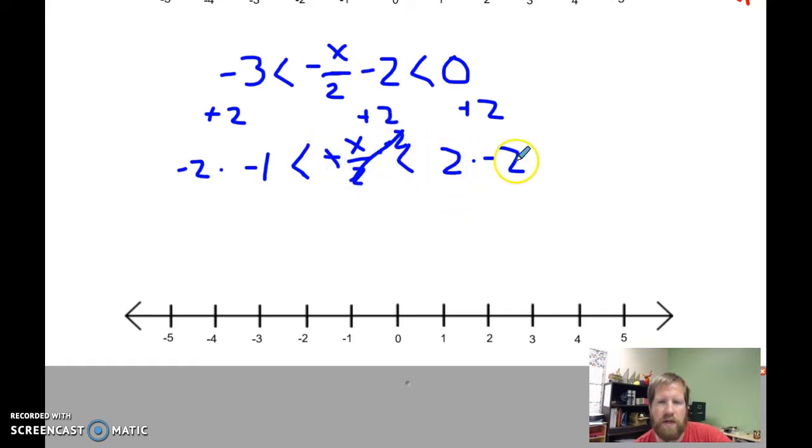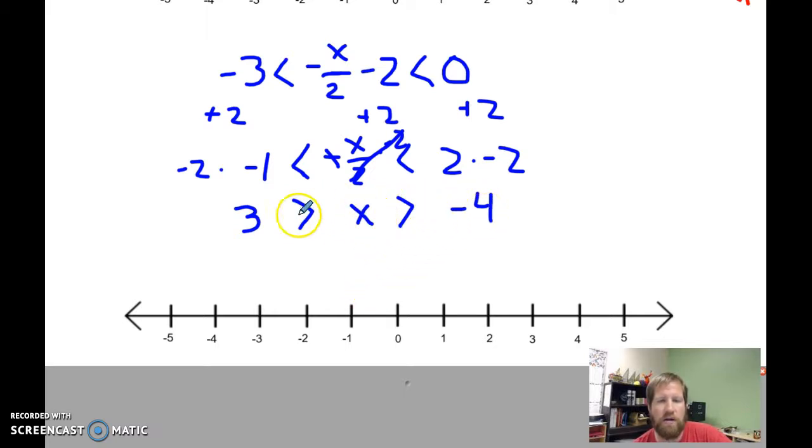I have 2 times negative 2, negative 4. I have my x, and I have negative 2 times negative 1, or positive 3. And now, because I multiplied by a negative, I've got to switch my signs. And now I have 3 is greater than x, which is greater than negative 4.